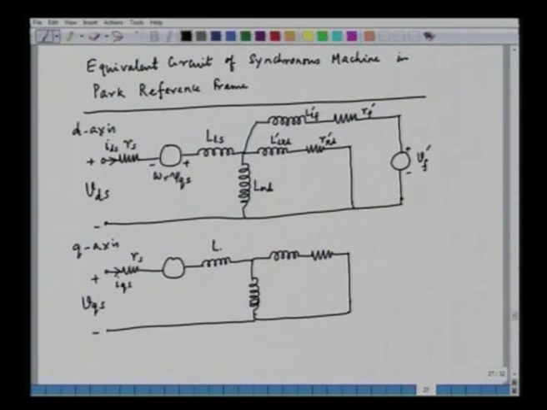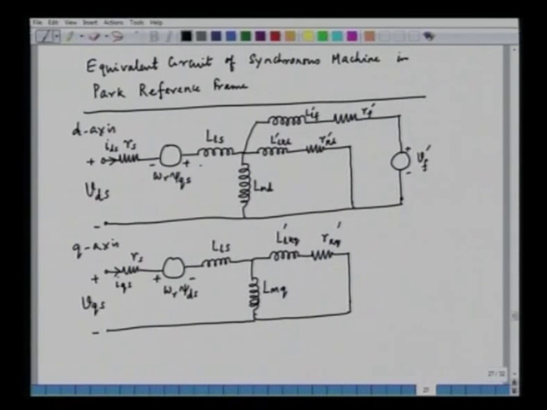This is the stator leakage inductance, the magnetizing inductance in the q axis, the damper leakage inductance LLKQ and RKQ, and this rotational induced EMF will be omega r into psi ds. This will be in fact opposing the applied voltage, and hence the sign will be plus on this side and minus on the right hand side.